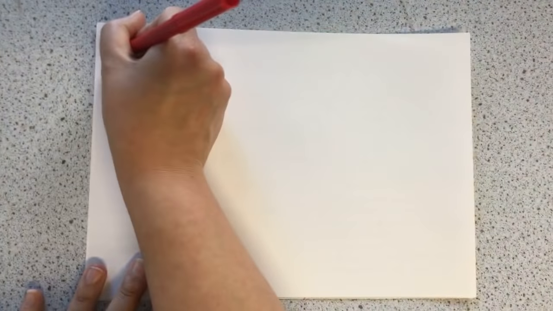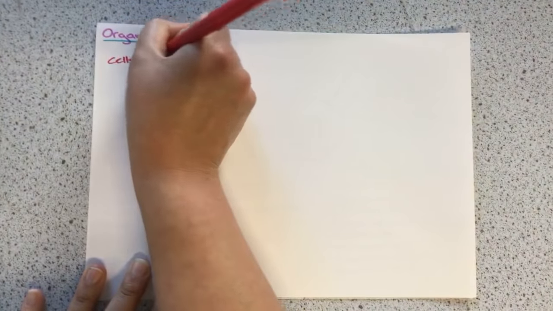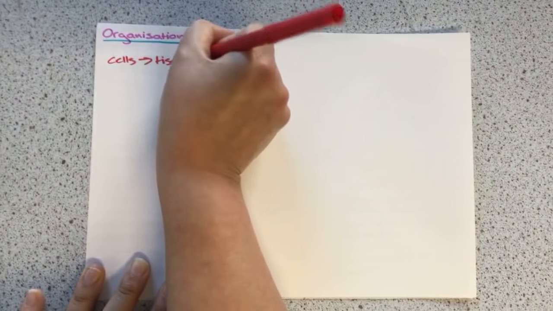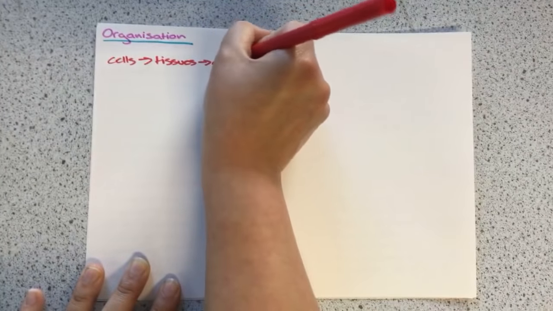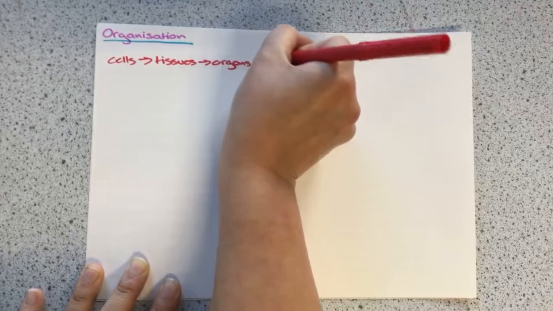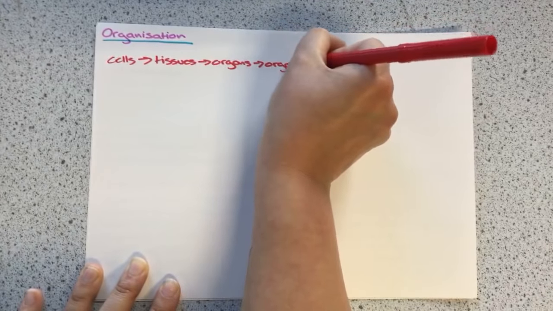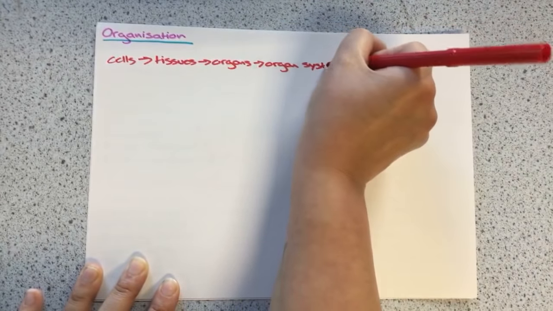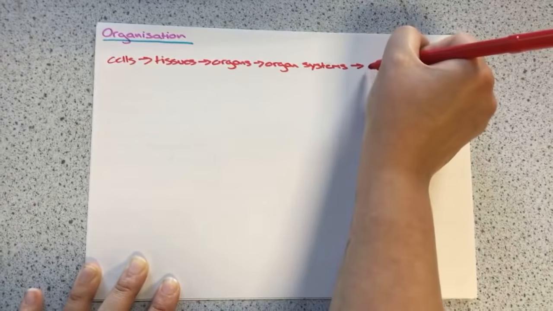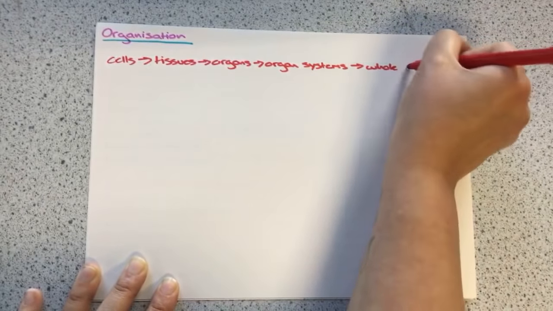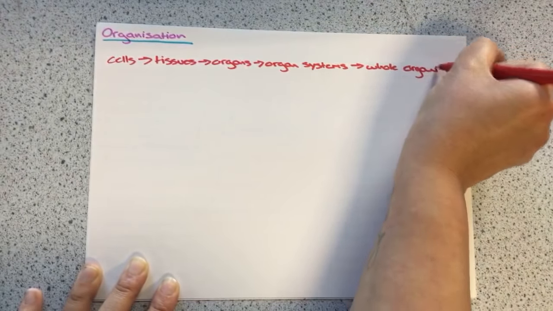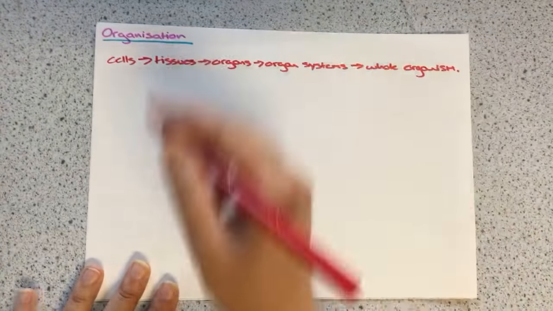So in organisation, very quickly, your body or a plant are organised into cells, then tissues, then organs, then organ systems, then a whole organism. For example, pick an organ first.